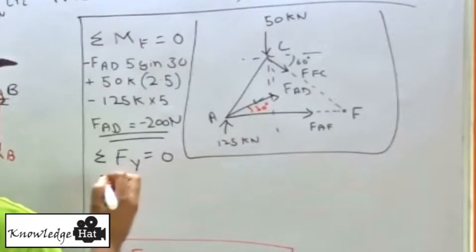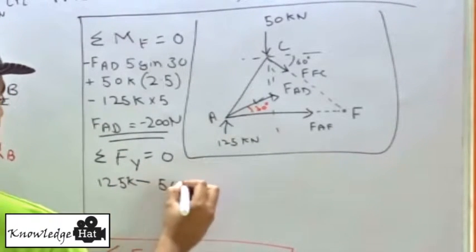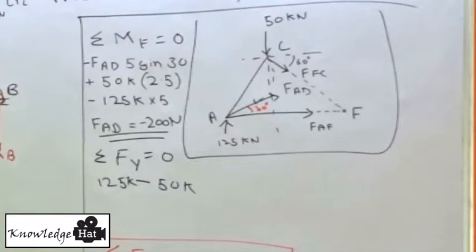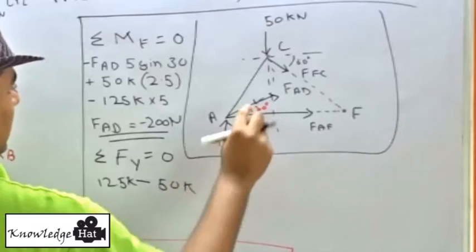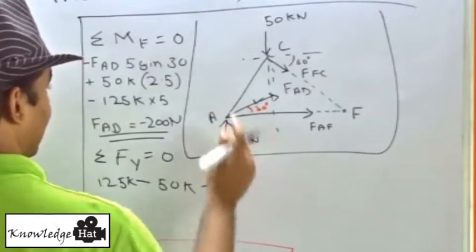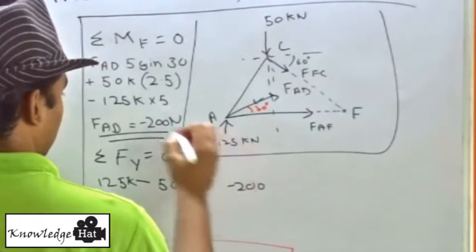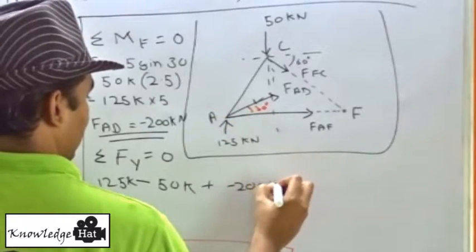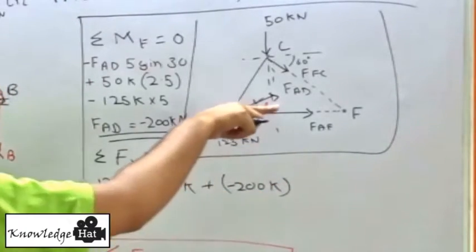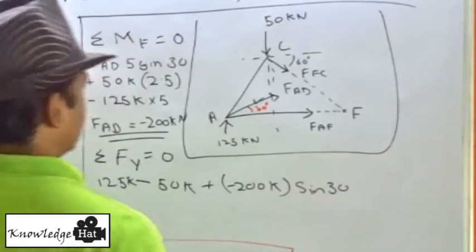Now, 125 is acting in upward direction, so this will be plus, minus 50 kilonewtons acting in downward direction. Then FAD, we know FAD is minus 200, so we write it as plus, minus 200 kilonewtons at an angle of sine of 30 degrees.